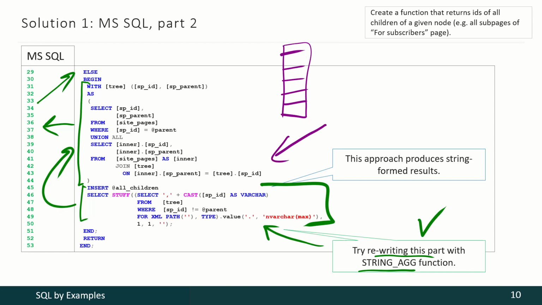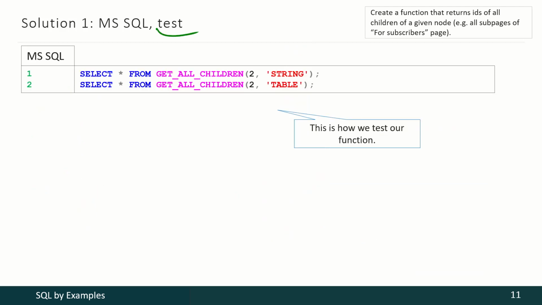And with this string approach we shall also produce a table, but the table will consist of one single row only, and that row will contain that string. To test this solution in Microsoft SQL Server, we have to execute such queries. Here we are not only passing the ID of the starting node, but we are also passing the information about the final representation of the result.